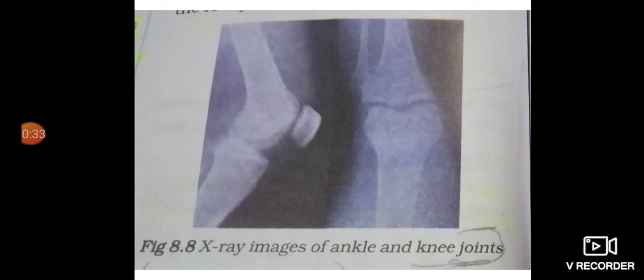So, feel the bones in your forearm, upper arm, lower leg and upper leg and try to find the number of bones in each part, as I showed you in the slides. Similarly, feel the bones of your ankle and also the knee joints.